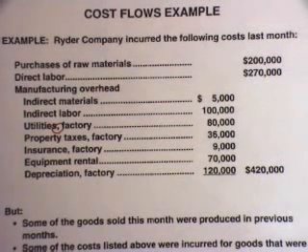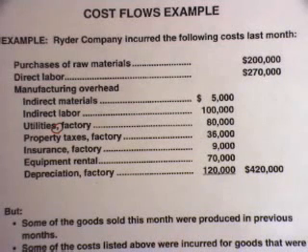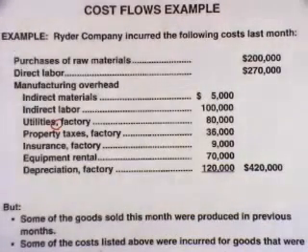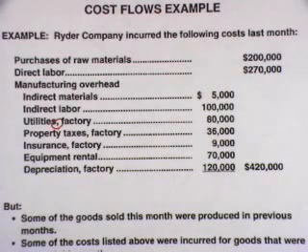Same thing with property taxes. You get one bill for your property taxes, and then you have to allocate a portion of that to the factory, which would be this $36,000 here, and another portion to the sales office or administrative offices.